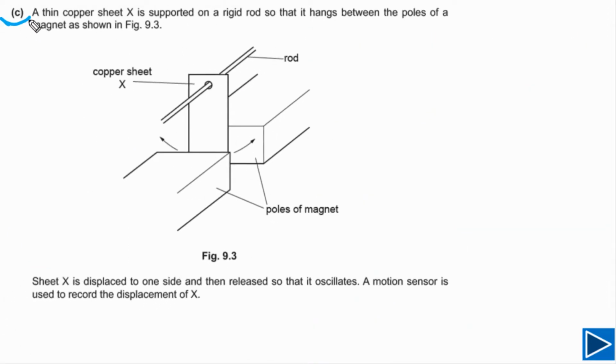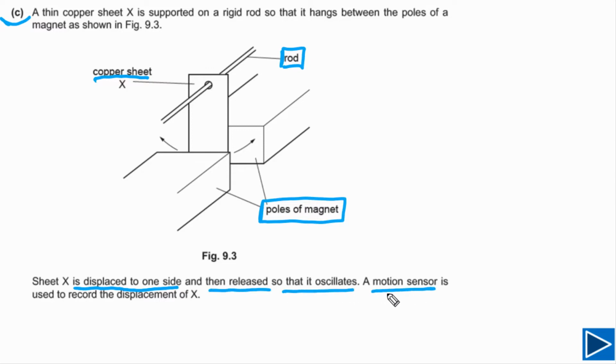For part C, it is given to us we have a plate of copper and this is supported by a rod, and this copper plate is placed between poles of magnet. Then we displace this one to one side and then release it so that it oscillates.